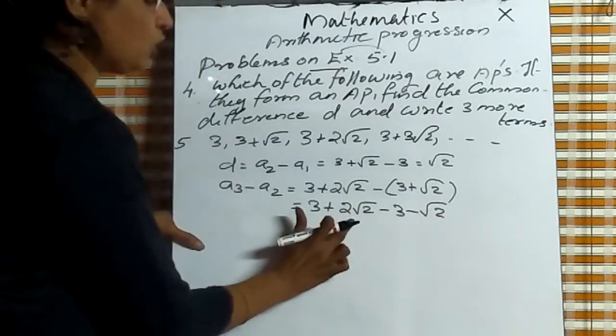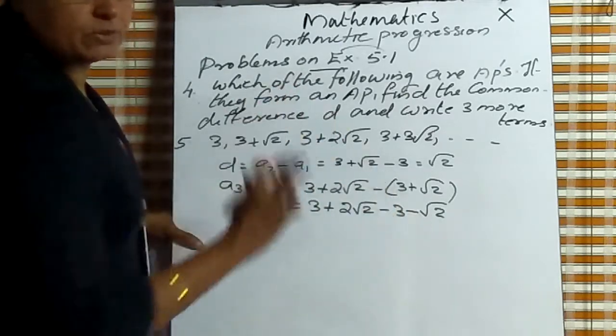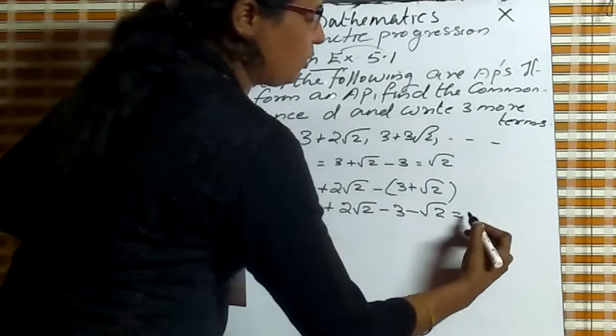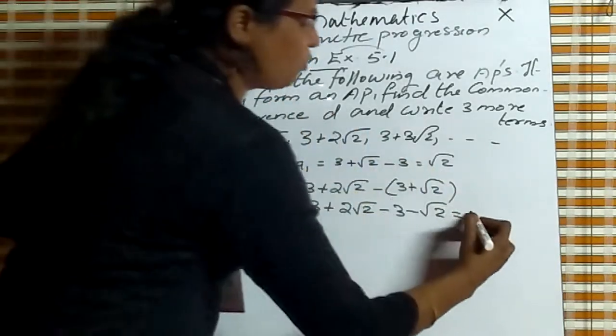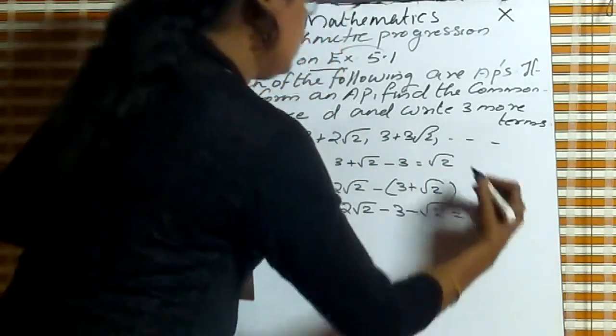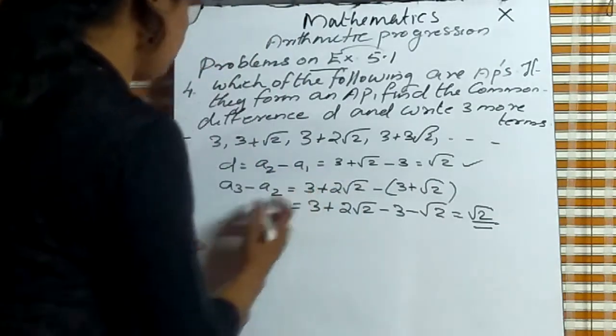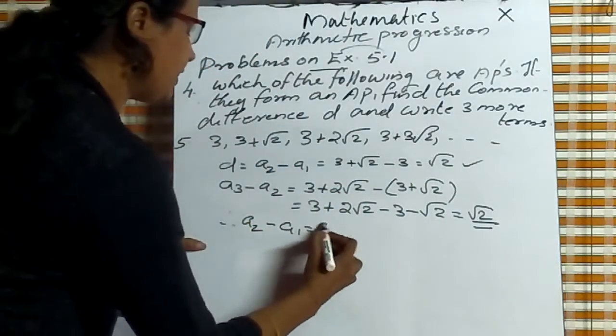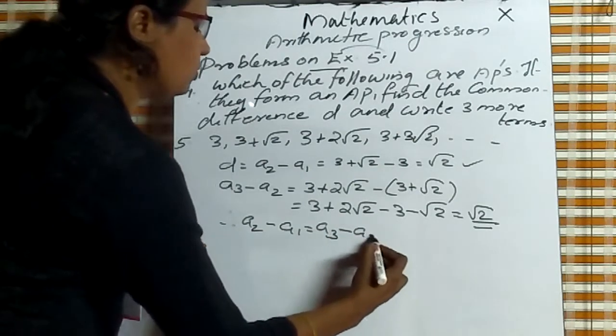The 3 cancels. 2 root 2 minus 1 root 2 is 1 root 2, which is root 2. Therefore A2 minus A1 is equal to A3 minus A2.